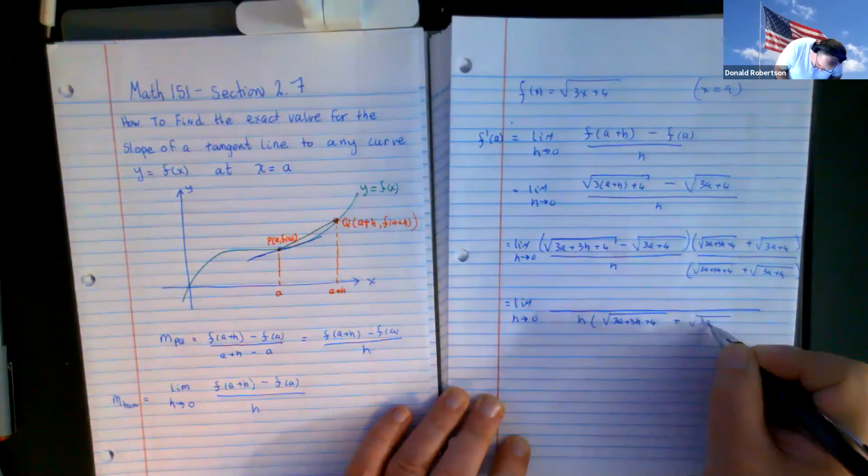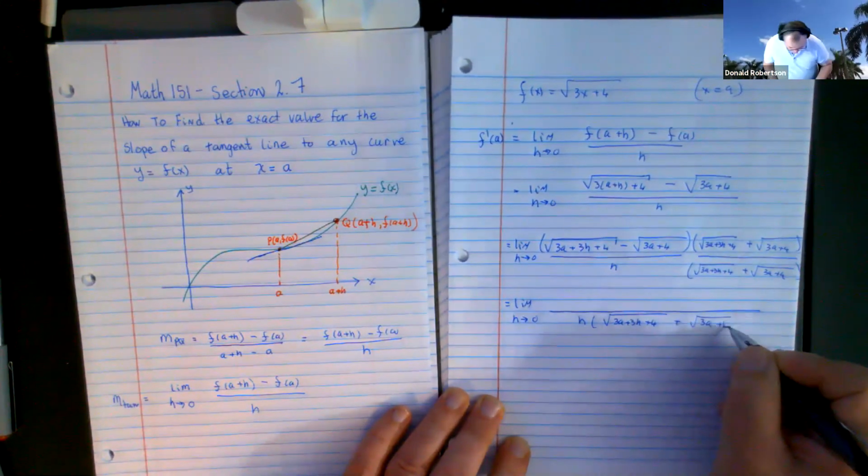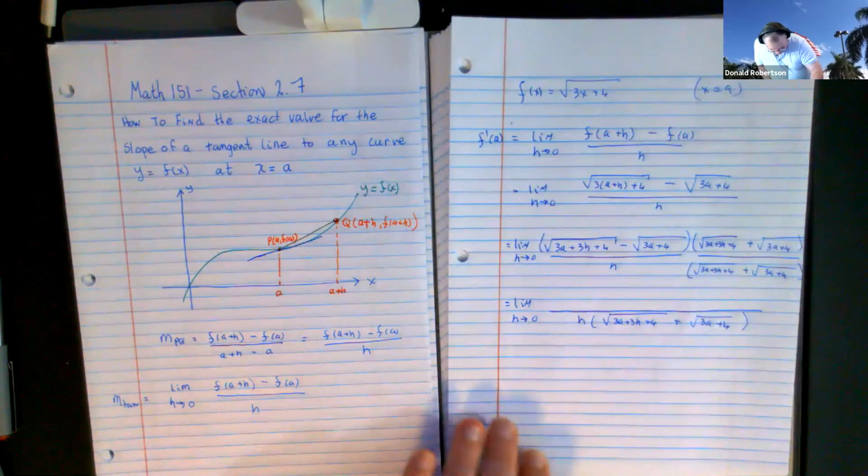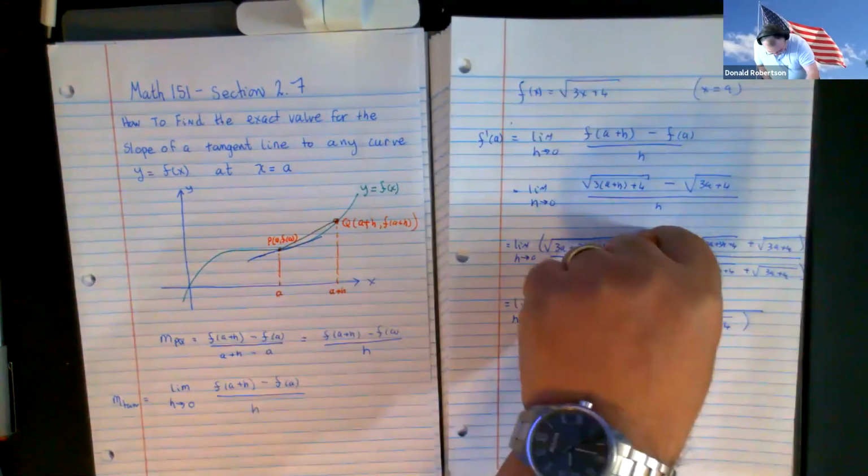And there's the 2 guys at the bottom multiplied. This guy, take away that guy, multiplied by this guy, add that guy.